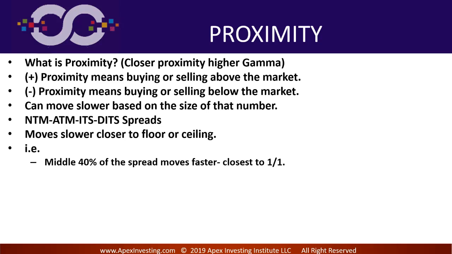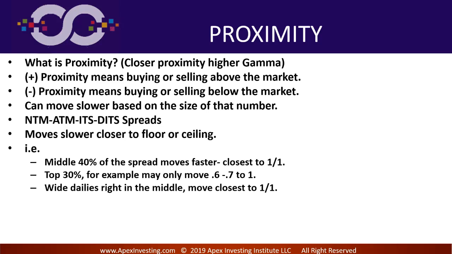But I want you to start getting this idea that the middle percent moves faster. And when you get out on the edge, it moves at about 30%. And the wider it is, the faster it moves, the closer to 1-to-1. It's really important that you understand that a wider spread will move faster.